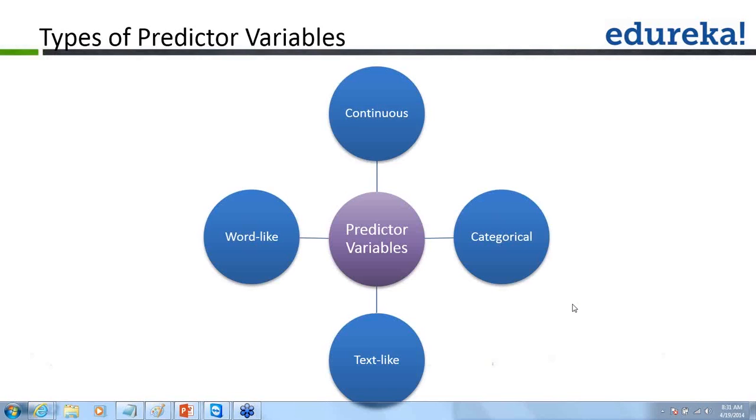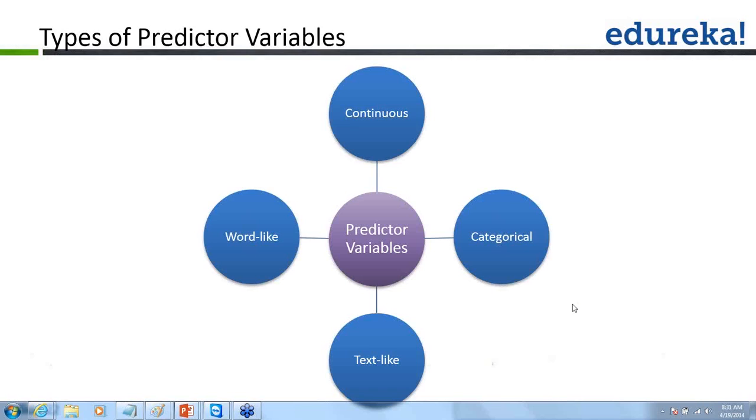Again, to remove certain confusion: continuous will have numeric values, right? But it can also happen with zip codes. For any state we have zip codes, so where do you put them? Generally the idea would be, numeric values, so I will put them in continuous.